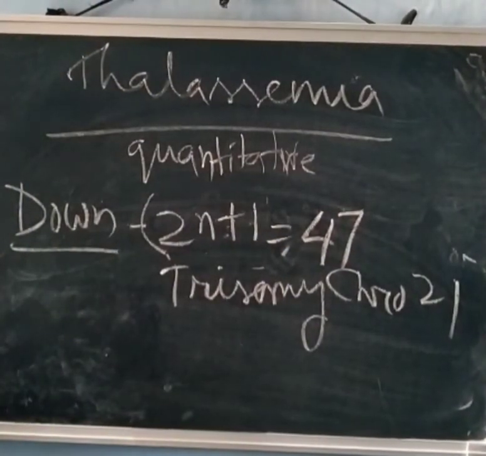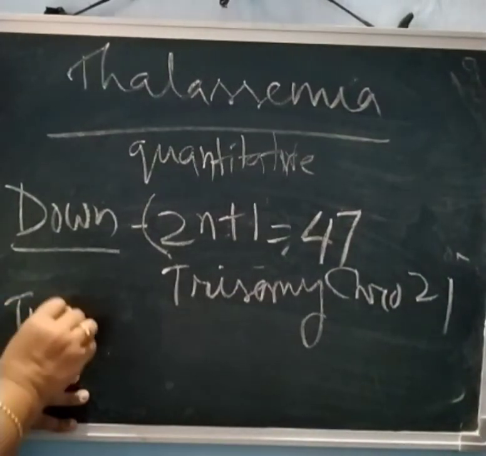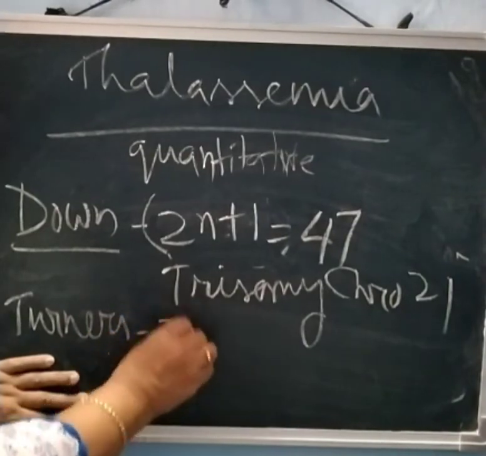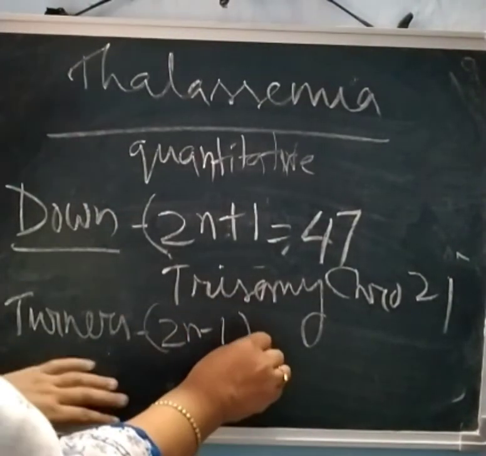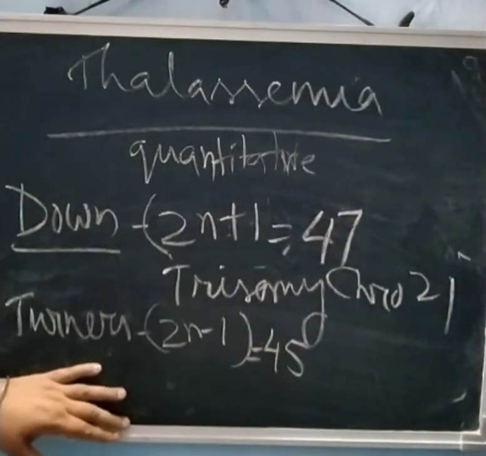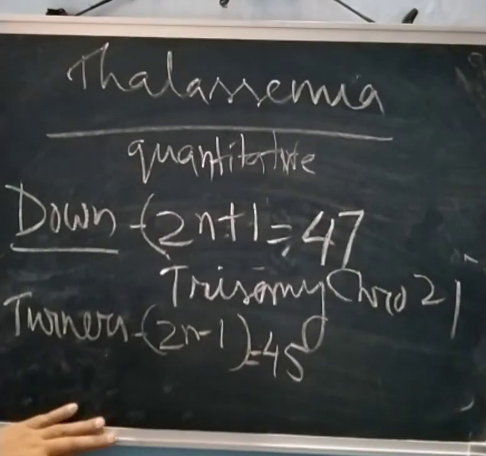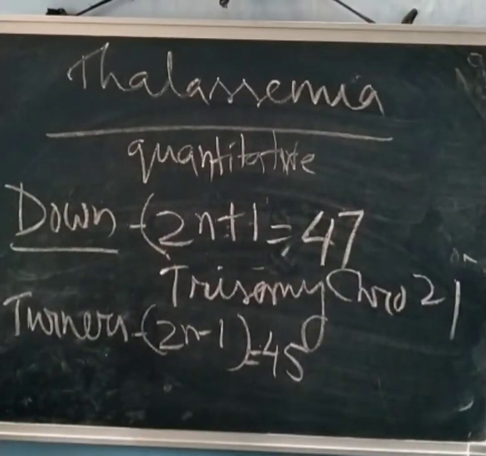Now the next one is Turner syndrome. Here Turner syndrome is 2n minus 1, and that is 45 chromosomes. Instead of 46, it is 45 chromosomes. It is seen in females. Which chromosome is less?